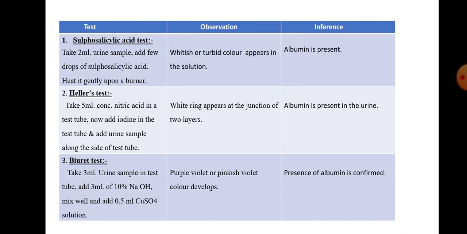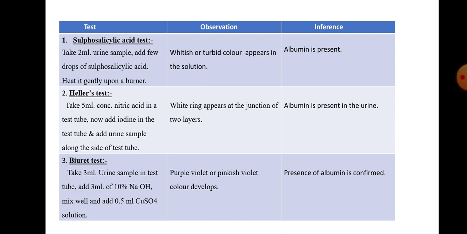Add a few drops of iodine solution in the test tube, and through the edges add the urine sample along the side of the test tube. The observation is that a white ring appears at the junction of the two layers, suggesting that albumin is present in the urine.